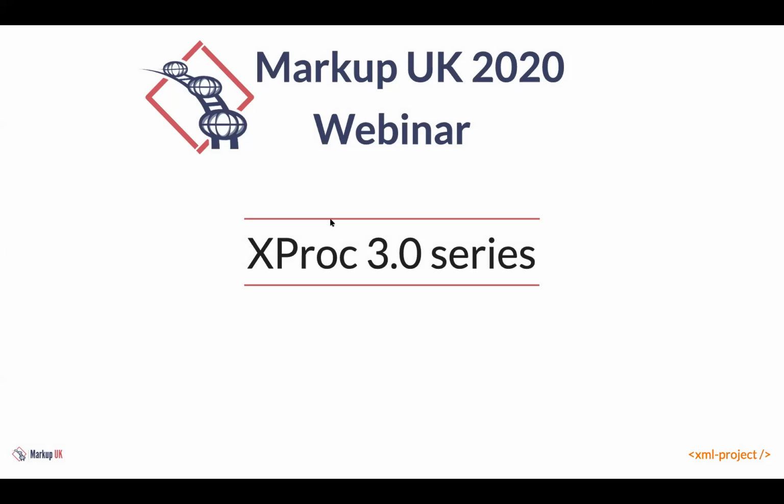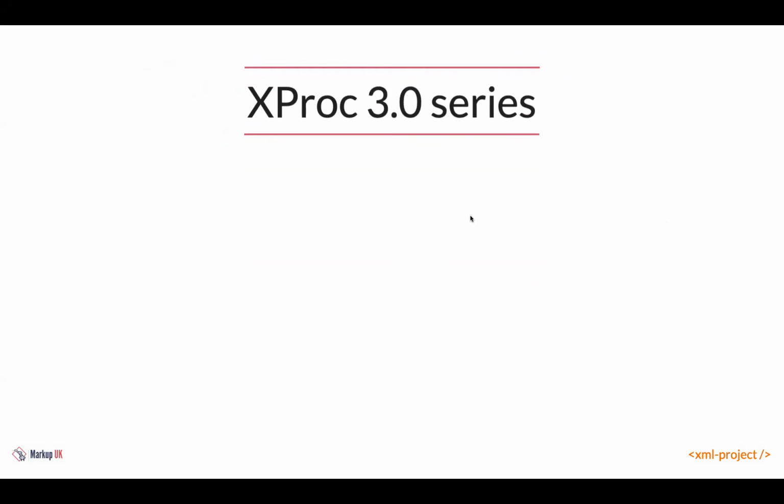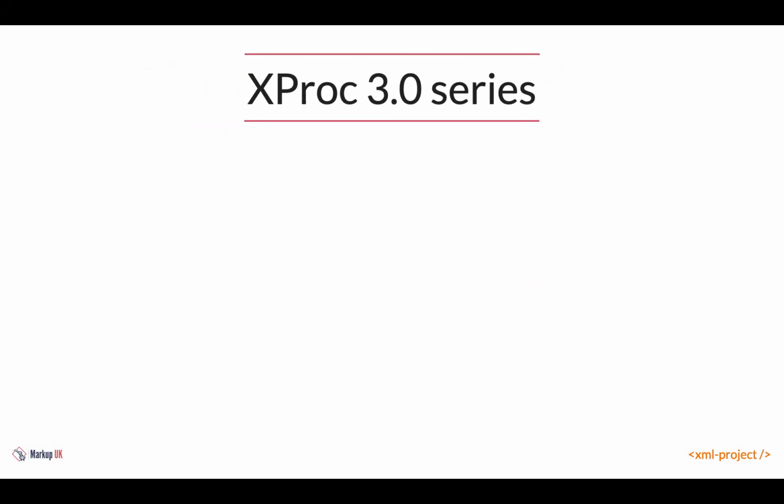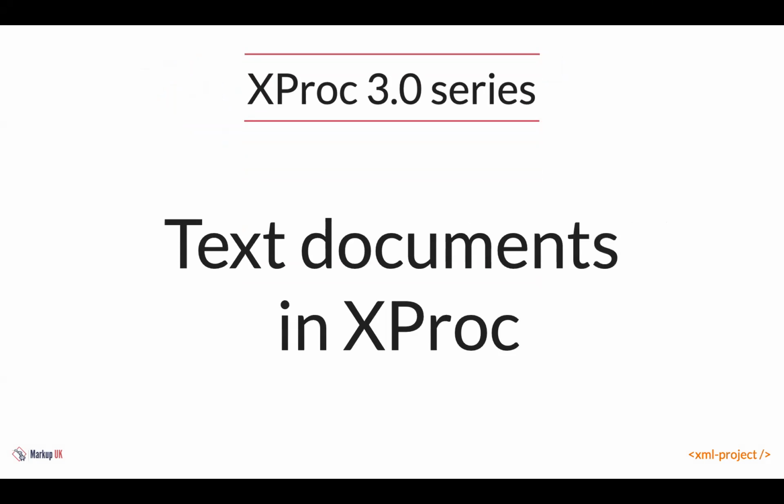Thanks, Geert. Welcome to part 5 of the XProc 3.0 series at Markup UK 2020. After having dealt with JSON and zip documents in XProc, today's topic is about text documents in XProc 3.0. I will show you what you can do with text documents in XProc 3.0 and how to do this.